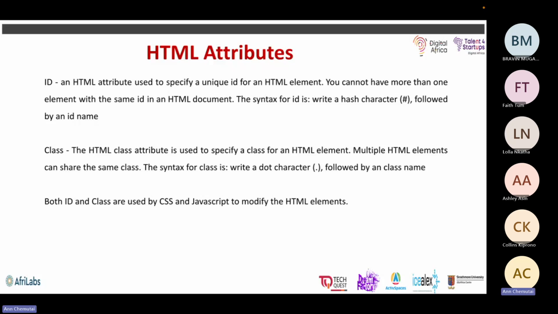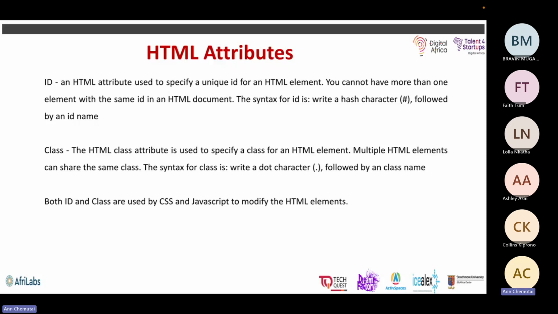That is the same concept when you're talking about an HTML ID. The ID will help us to uniquely identify any element that we have, right? So you cannot have maybe three elements having the same ID, okay?